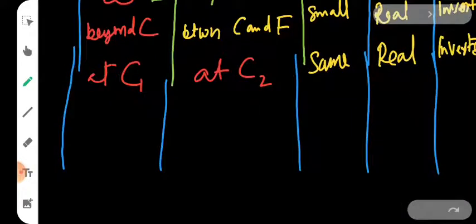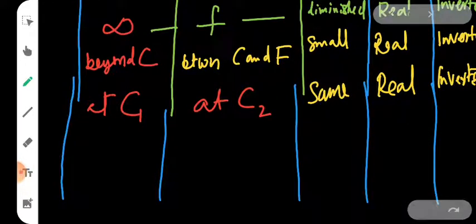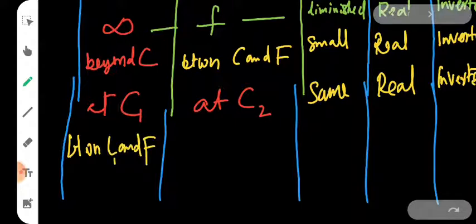So let me just tabulate that over here. Your object was between C1 and F1, and the image is formed beyond C2.